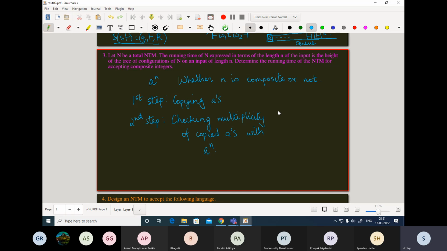What about the first step? What's the worst number of configurations you can go through while copying a's?